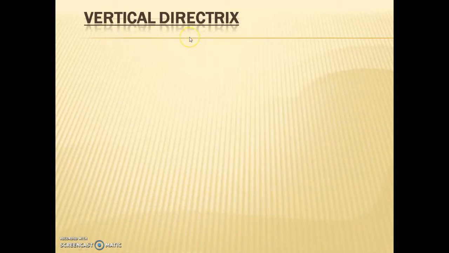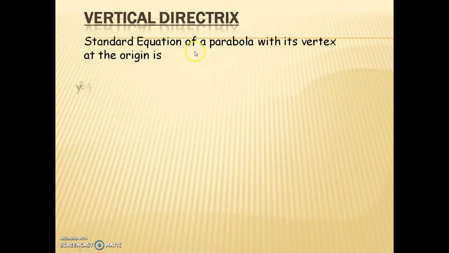In vertical directrix, the orientation of our parabola is either opening to the right or opening to the left. And the standard equation of a parabola with its vertex at the origin is y squared equals 4px. So remember, in horizontal directrix, the standard equation is x squared equals 4py.